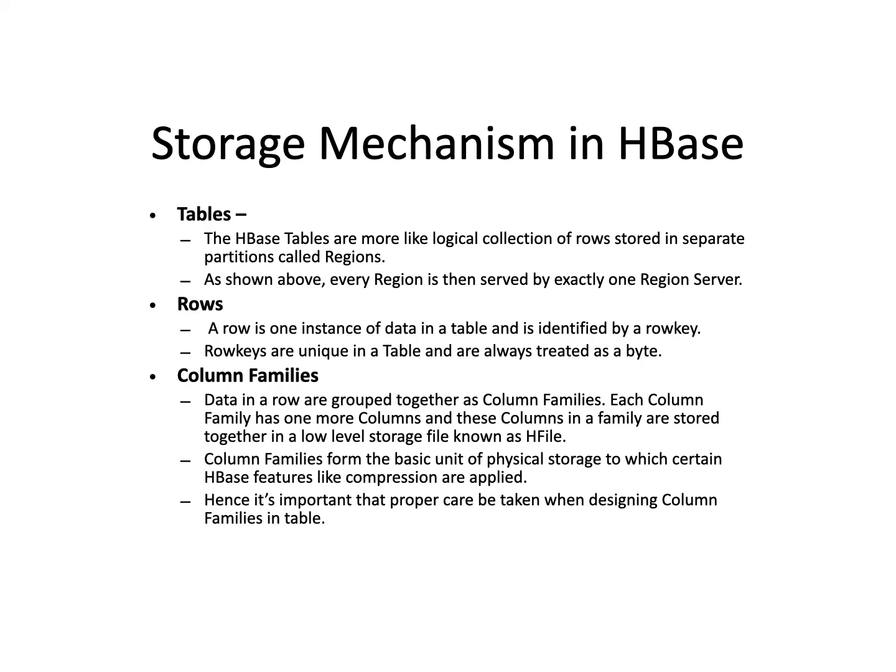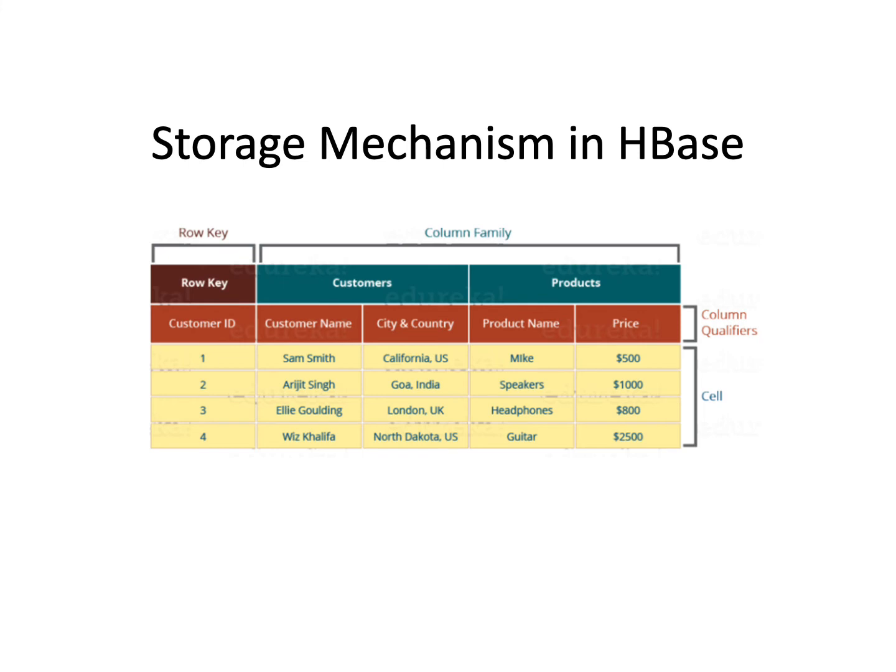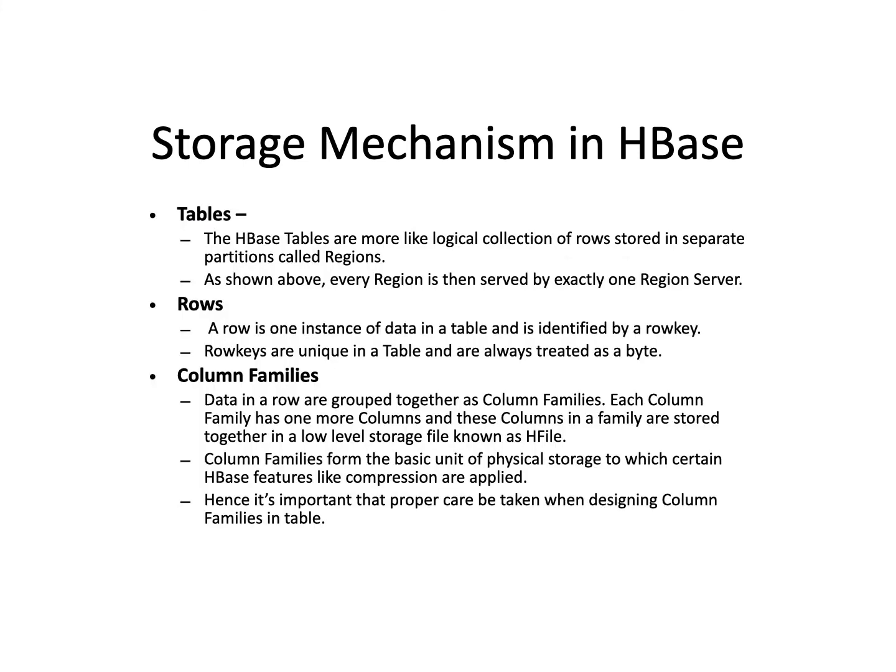And we can see here the column family. The data in a row is grouped together as column families, and each column family has one or more columns, and the columns in the family are stored together in the low level storage file known as HFiles.